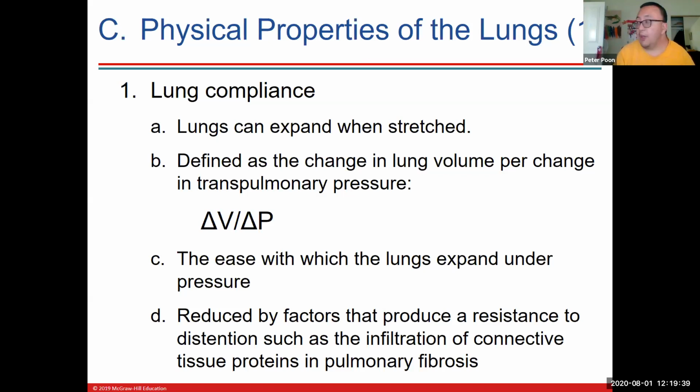Okay, lung compliance. Okay, lungs can expand when stretched. So it's defined as the change in lung volume per change of transpulmonary pressure.